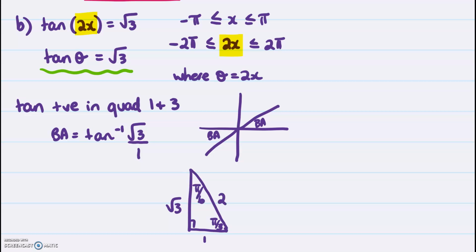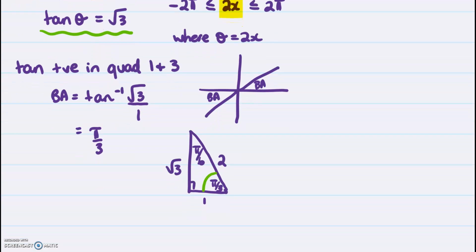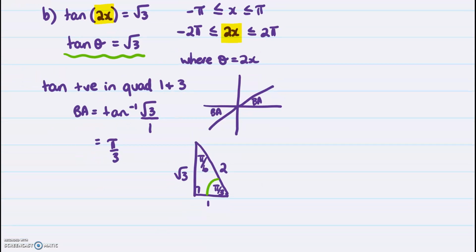This is 1, 2. So to get √3 over 1 as opposite over adjacent, we're talking about this angle down here. So my basic angle is pi on 3 from that. So I've just worked out that in this diagram, this is pi on 3 in here, and this is pi on 3 away from the axis in there.